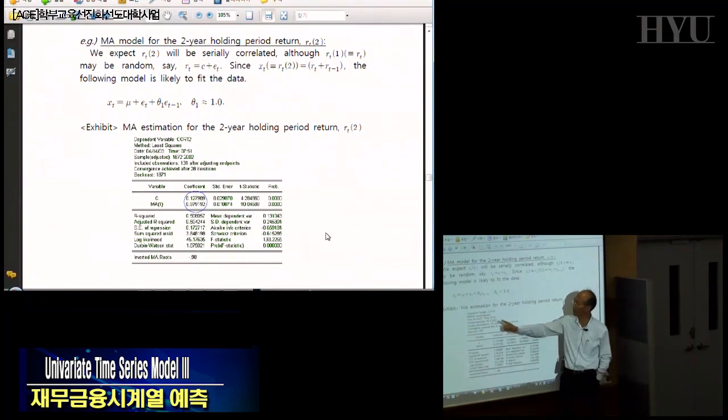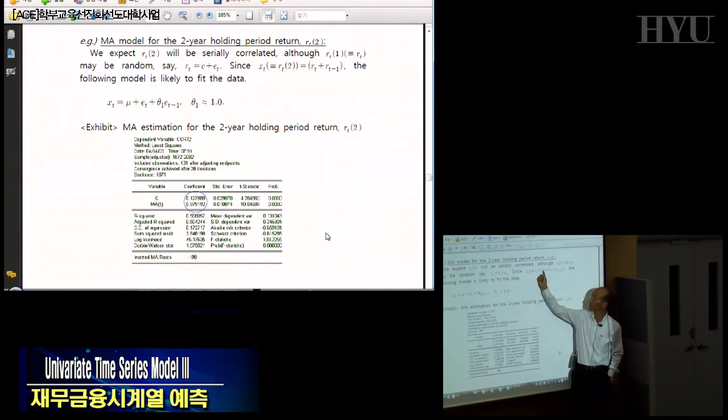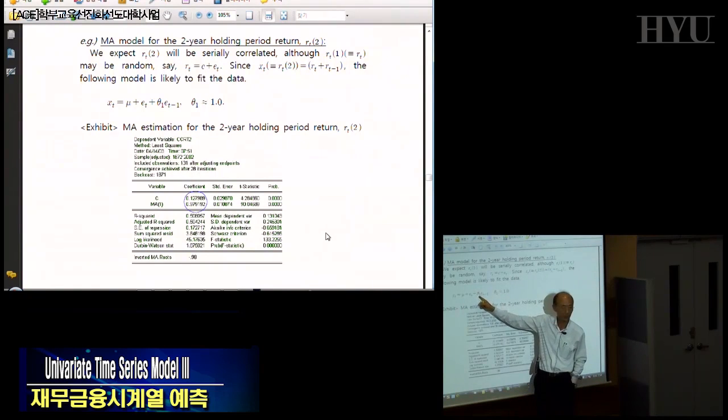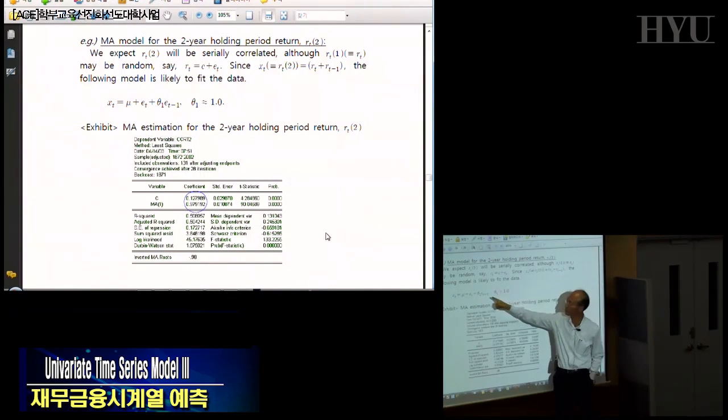Suppose you estimate this model using this. What you expect is an MA1 process with this coefficient of unit 2. Right? See? E t plus 1, e t minus 1. Okay. So expect this one is 1. This one is 1.